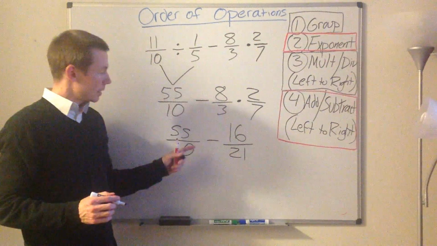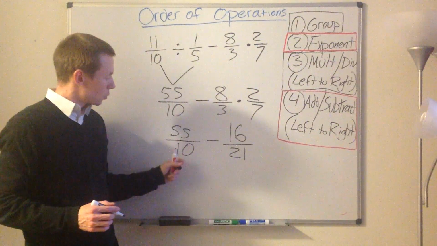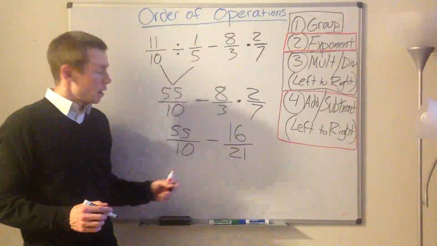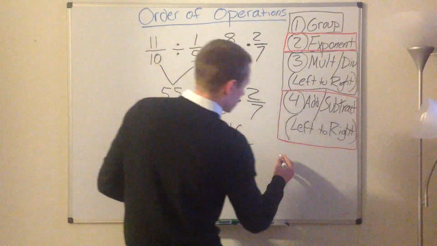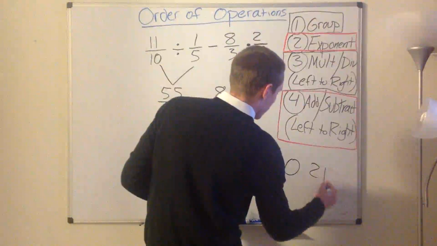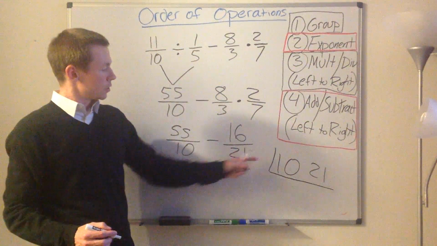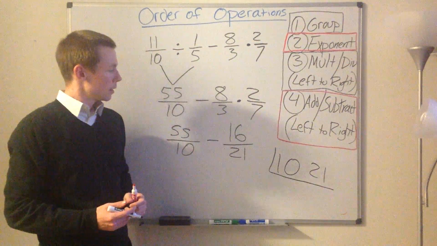So what we now have is 55/10 minus 16/21. Well, now that we're down to subtraction, we need to get common denominators before we can subtract. So what you could do is put this into the ladder method. Look for a prime number that goes into both 10 and 21. Do you see one?